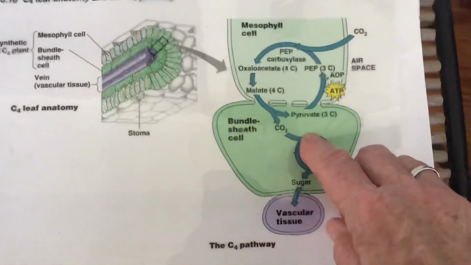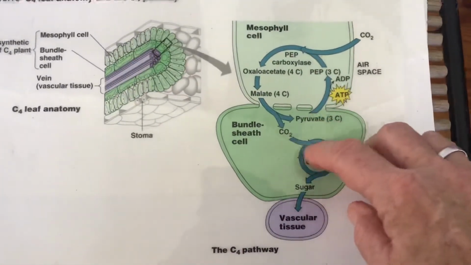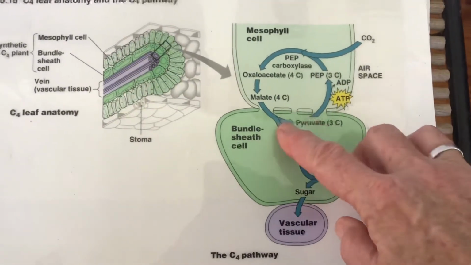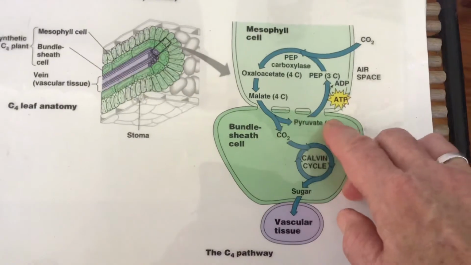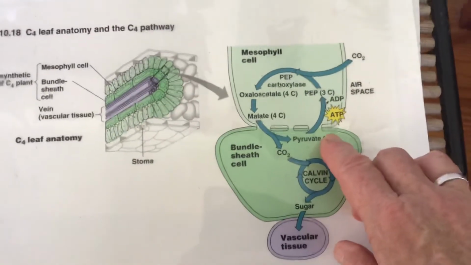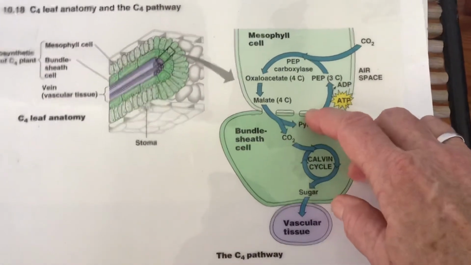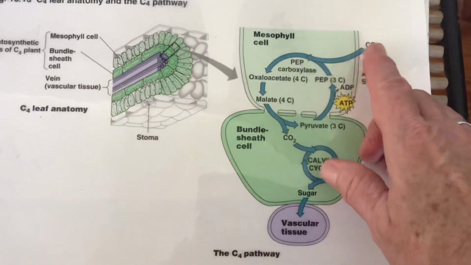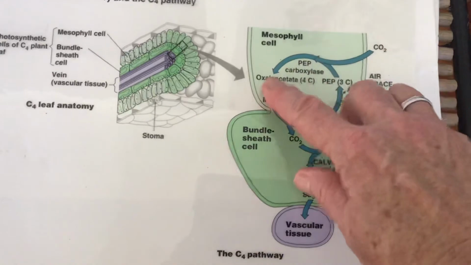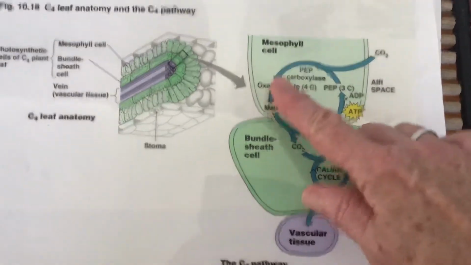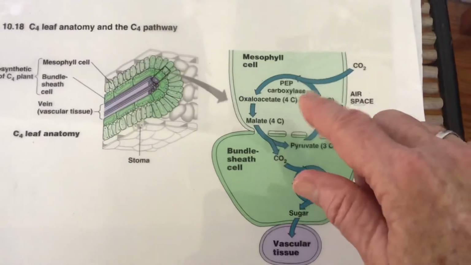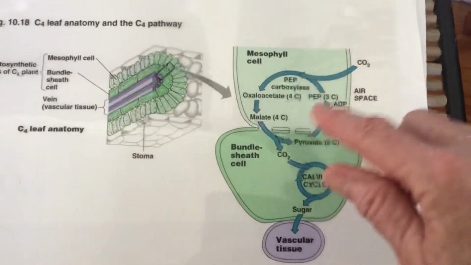When that 4-carbon molecule donates its carbon to the Calvin cycle, it will donate 1 carbon at a time, leaving a 3-carbon molecule, pyruvate, that will then go back and be regenerated as PEP, which can then take up the carbon dioxide and become oxaloacetate. All right, so this is a cycle that does not have any kind of affinity for oxygen at all.